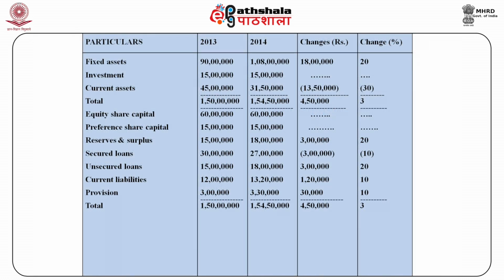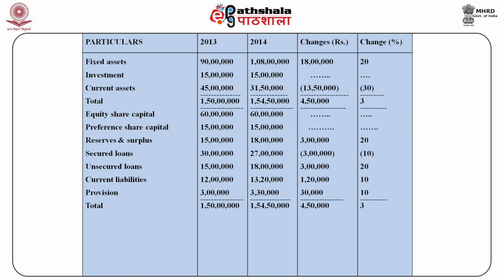Now we start the solution of this problem. We have 2 years 2013 and 2014 and we have the fixed assets, investments and current assets for these 2 years. We have fixed assets for 2013 that is 90 lakh and for 2014 we have 1 crore 8 lakh.